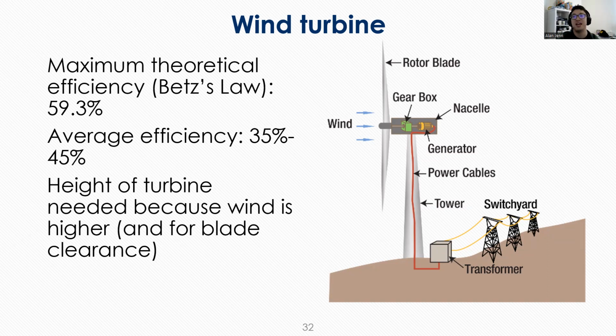It won't be as much as if that thing wasn't there, right? But you don't get to capture all of the kinetic energy moving past that wind turbine. We build these things pretty high because the wind energy tends to be higher at greater heights, and also because you need to have the blades be able to spin without hitting the ground.